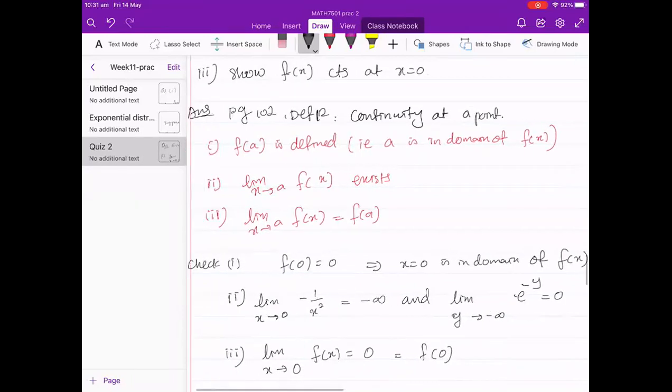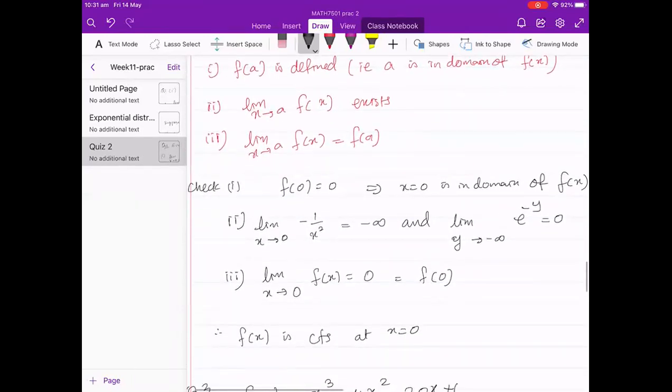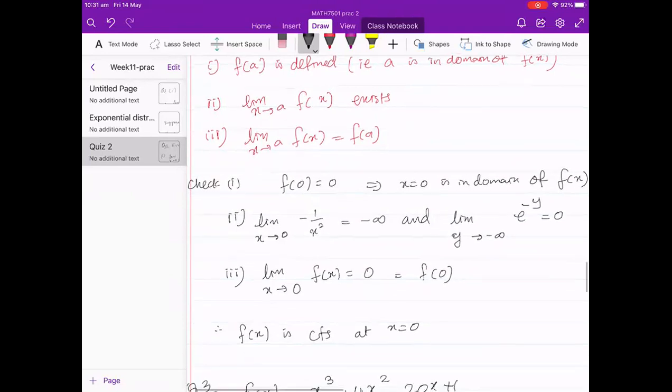So that limit exists. And the third point is the limit as x tends to 0 of f(x) is 0, which is also f(0). Therefore, f(x) is continuous at x equals 0. Is that clear? Okay, next question.